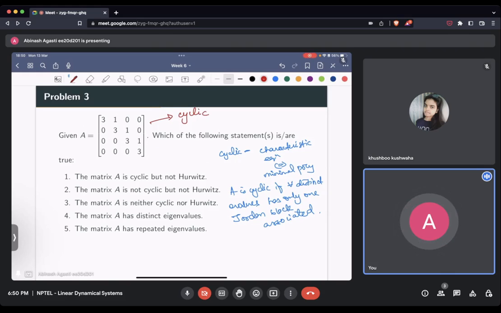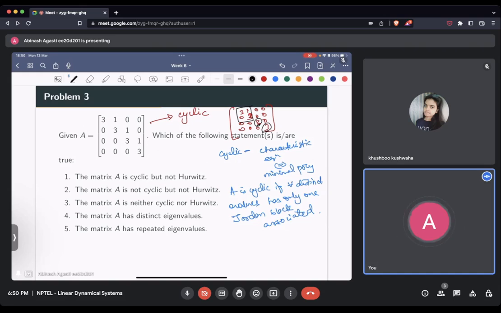Which kind of matrix would not have been cyclic is if, let's say, we had 3 3, 1 0 3 3. If we had a matrix of this kind, then here you see that this is one Jordan block and then these are separate.